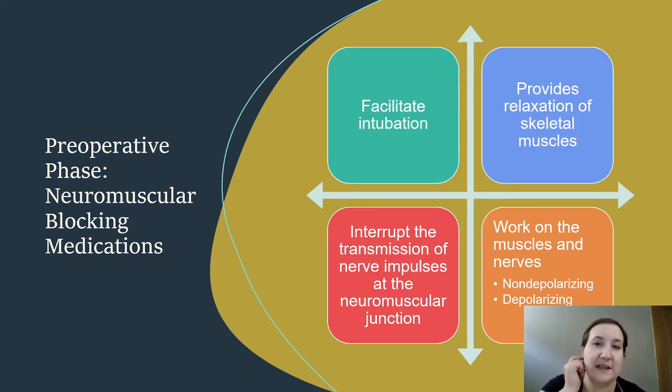Neuromuscular blocking medications interrupt the transmission of nerve impulses at the neuromuscular junction. We're going to talk here in just a second about the non-depolarizing and depolarizing classifications. They provide relaxation of skeletal muscles, and essentially they help us facilitate intubation.